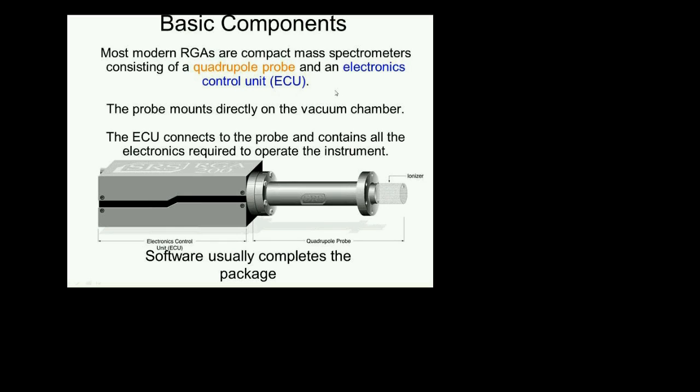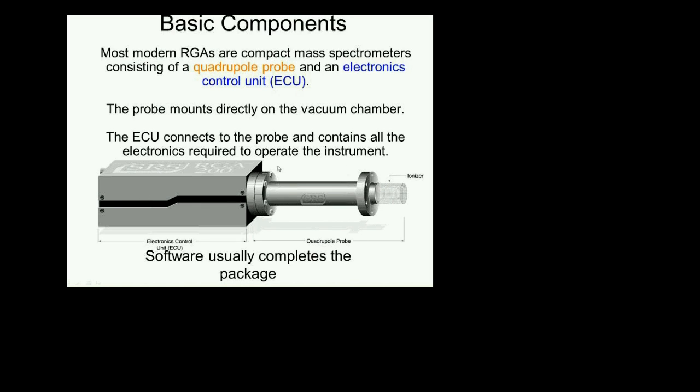Every quadrupole mass spectrometer today, and I think I'm going to prove this to you, always has two parts. They're all compact, complete mass spectrometers, and they consist of a quadrupole probe and an electronics control unit.